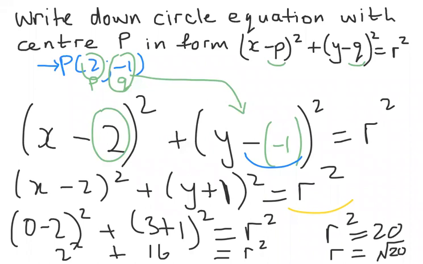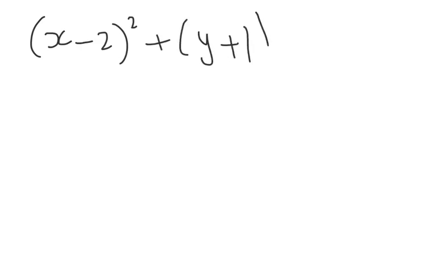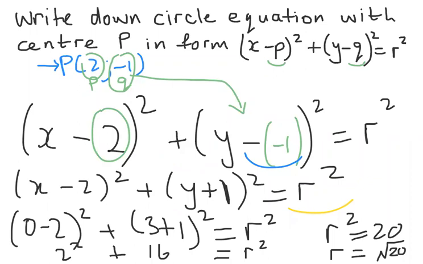So now, I just want to go separate here. Just to write the formula properly, you'll have x minus 2 squared plus y plus 1, and now you can just say all of that will be equal to 20. And that is how you write the formula. Just a reminder again, everything here equals r squared.